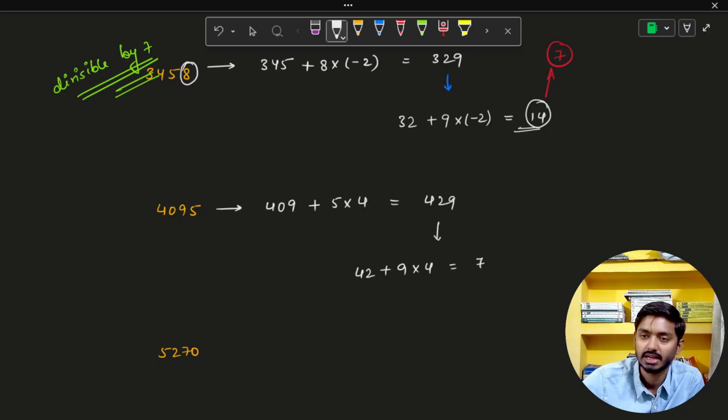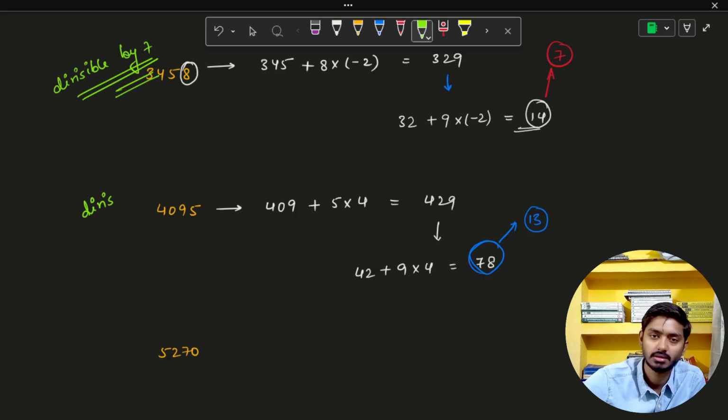If we add that, that would be 78. Since we were checking divisibility by 13, we can very clearly see that 78 is a multiple of 13. So we'll say this is divisible by 13.